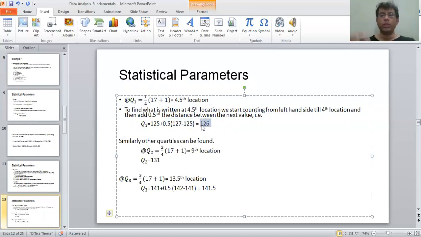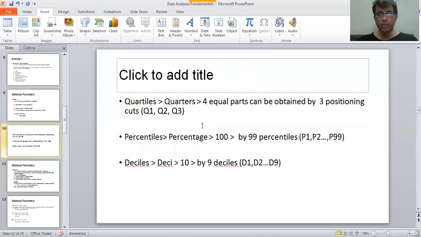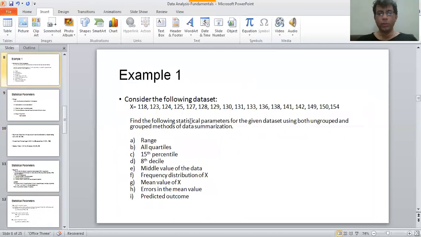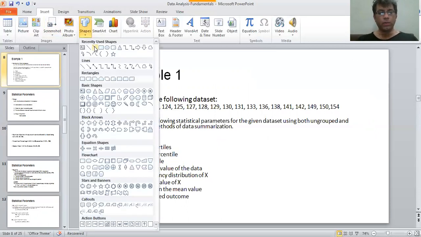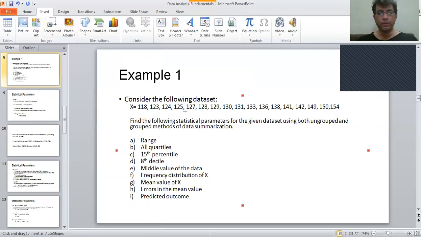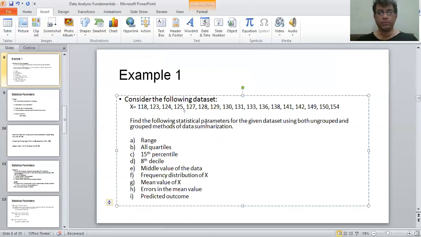So that means 126 is the quartile 1 value, right? In our data set, 126 would be somewhere in between 125 and 127. So this is the quartile 1 position, right?